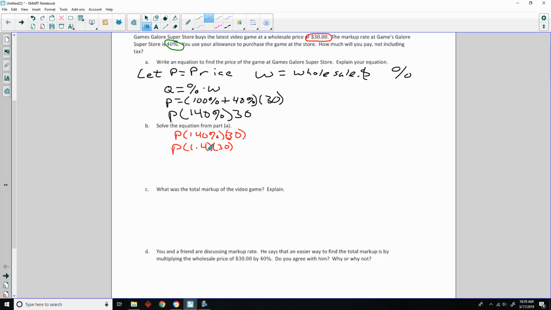So P equals 1.4 times 30. I forgot my equal signs here.